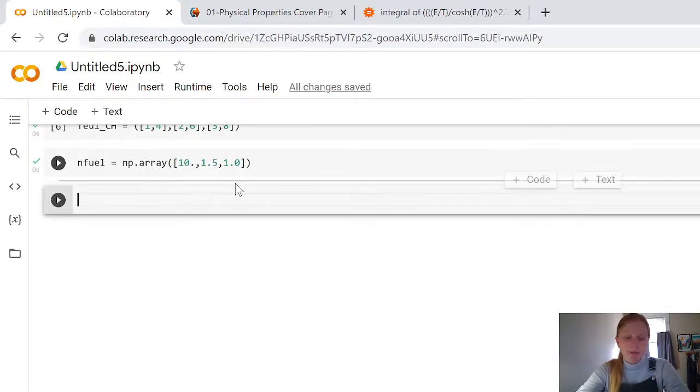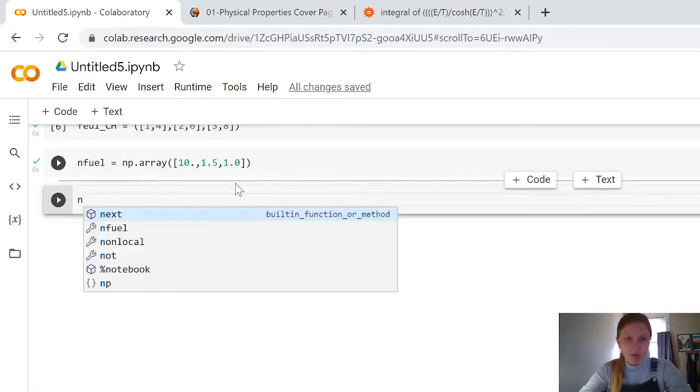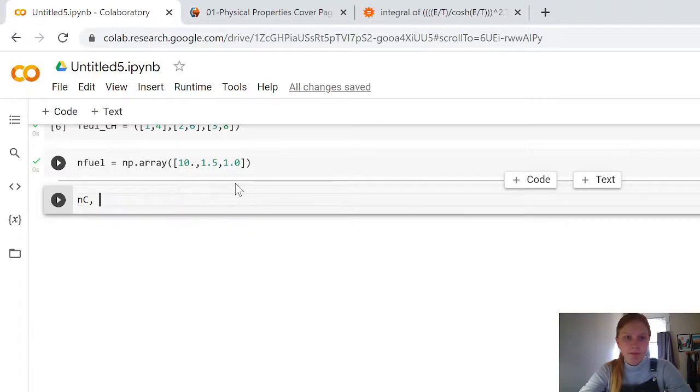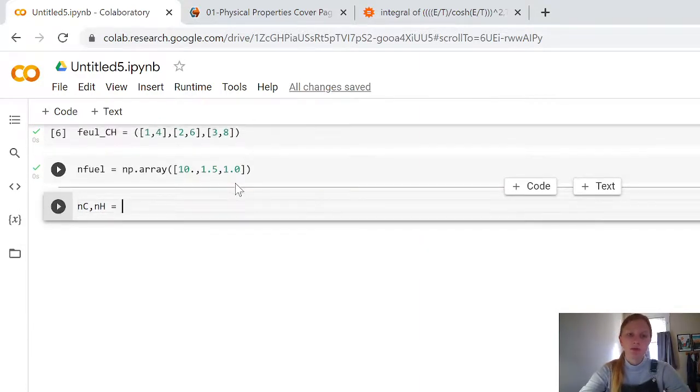The next step now is we need to find a dot product for the two arrays that we just created. So we're going to do moles of carbon, moles of hydrogen, and we want to set that equal to the matrix multiplication of the number of moles in the fuel and the moles of carbon and hydrogen.